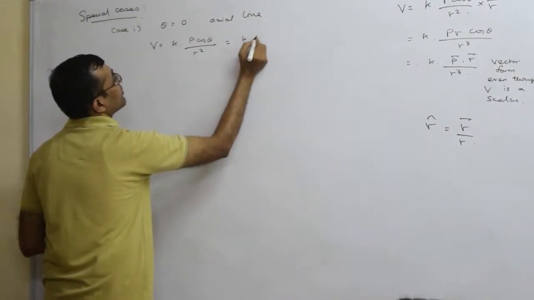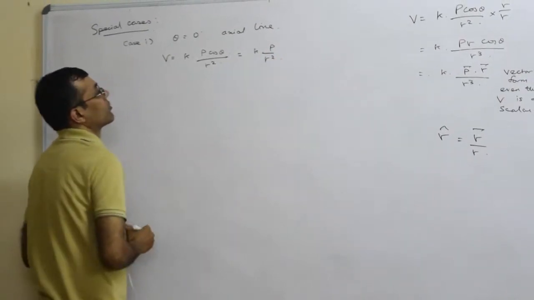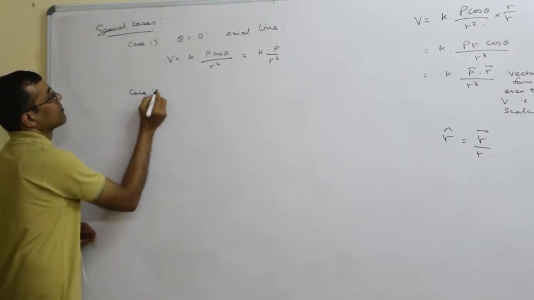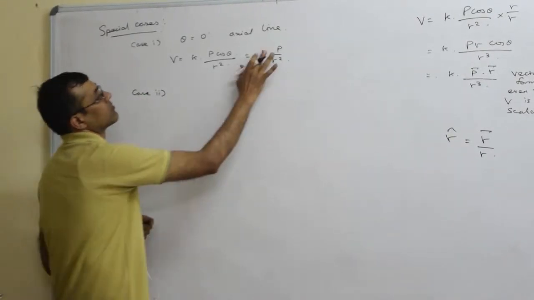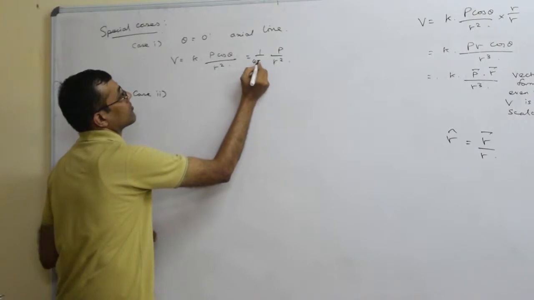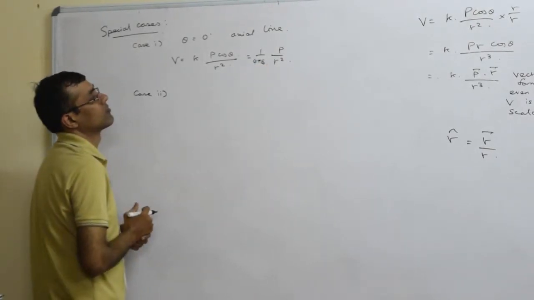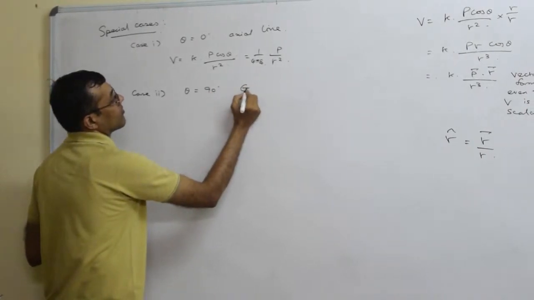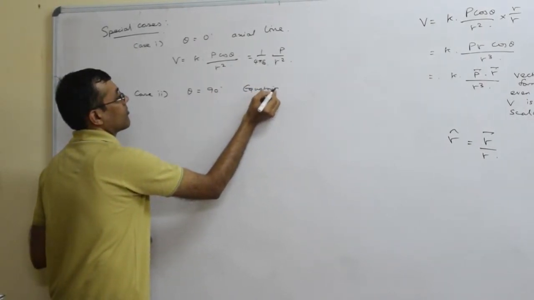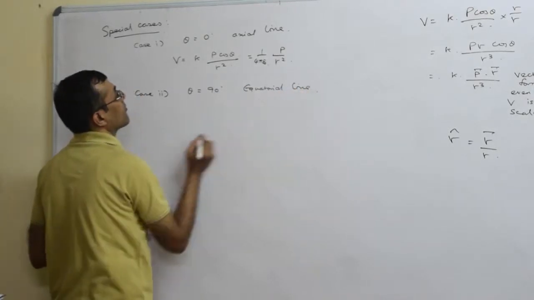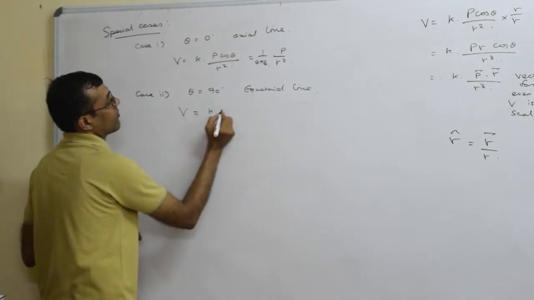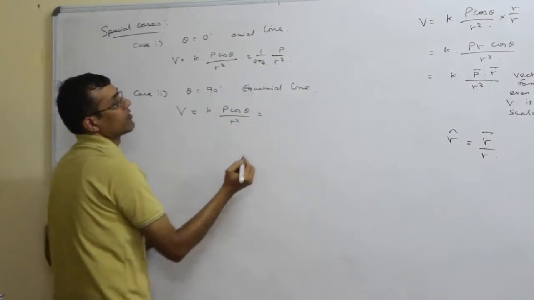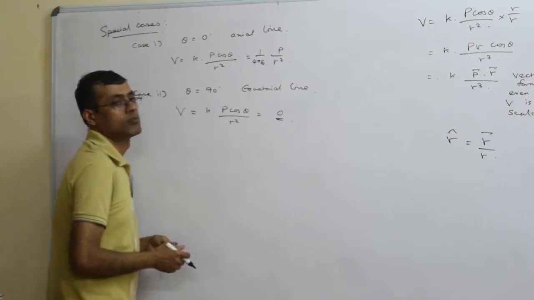Cos 0 is 1, so it will be kp by r square. Cos 90 is 0, so that means it will be 0.